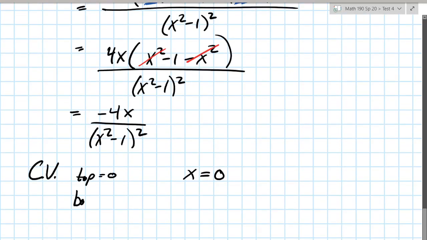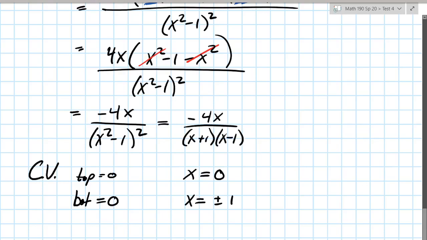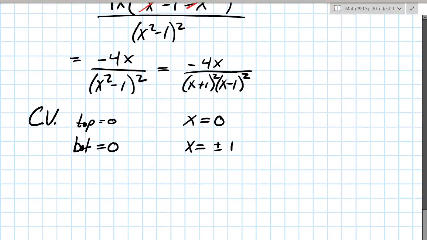If the bottom equals 0, that is when the derivative is undefined, we have x equals plus or minus 1, since this factors like so. The plus or minus 1 shouldn't be too surprising since there are vertical asymptotes at plus or minus 1, and we have to watch out for those.